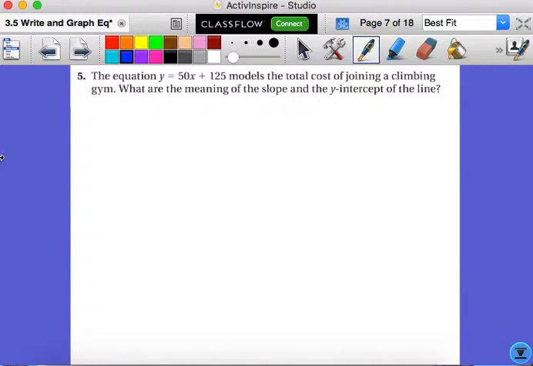It says, if this equation models the total cost of joining a climbing gym, what would likely be the meaning of the slope and the y-intercept? So if we think about that, most gyms, when we join, they have a fee. To join that gym, you're going to have to pay something. So this is kind of your initial cost.